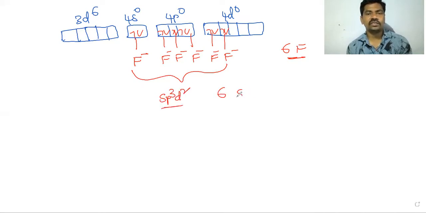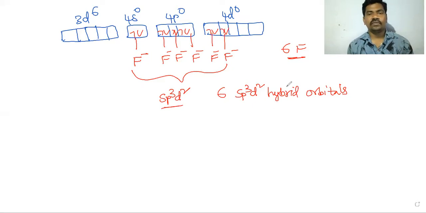How many hybrid orbitals? 6 sp3d2 hybrid orbitals are present in this metal, and each sp3d2 hybrid orbital bonds with a fluoride ion. So the hybridization is sp3d2, and the structure of 1, 2, 3, 4, 5, 6. So what is the structure here?